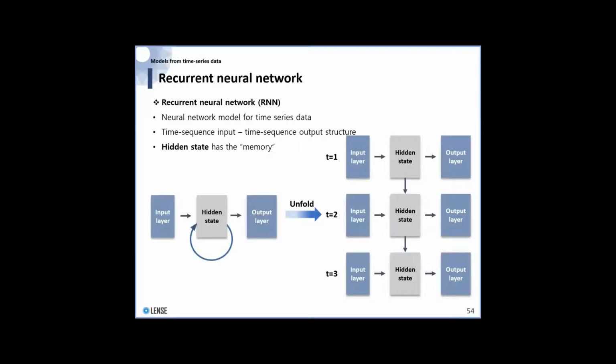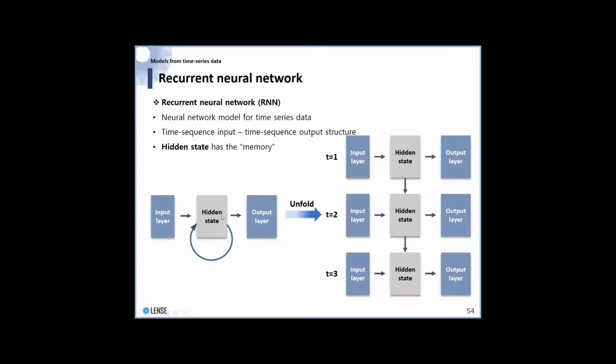Now, as the last part, I want to talk about the recurrent neural network. A feed-forward network is one where information flows in one direction, from the input layer to the output layer. That's the neural network that you're familiar with. Now, in a recurrent neural network, there's information flowing within itself.